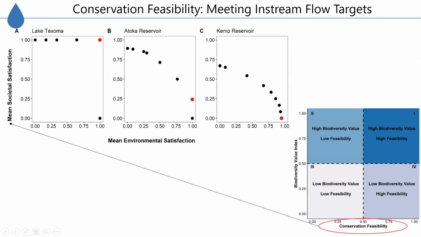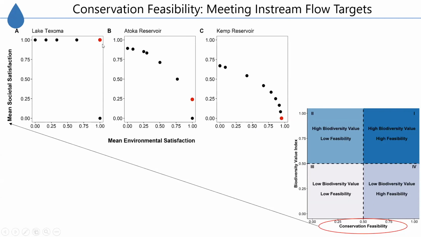For the x-axis, thinking about conservation feasibility, we're using values from the hydrologic planning model. At each reservoir, we have some sort of societal satisfaction value. So how much water can we give to society, and how much water can we give to environmental flows. At each reservoir, we're looking at what if we fully allocate environmental flows, what's the value going to be for societal satisfaction.